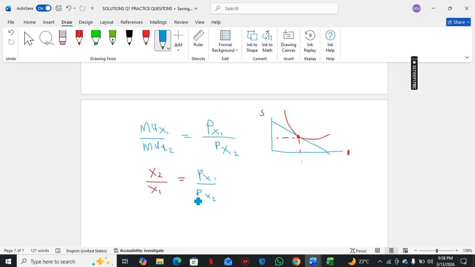So we cross multiply, and you're going to get PX2 X2 equals PX1 X1. We were cross multiplying here like this.